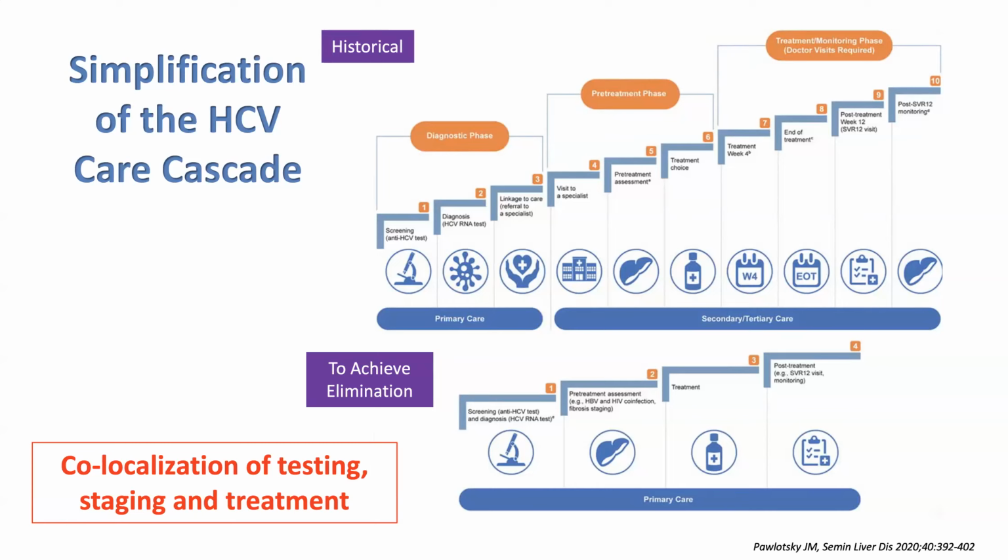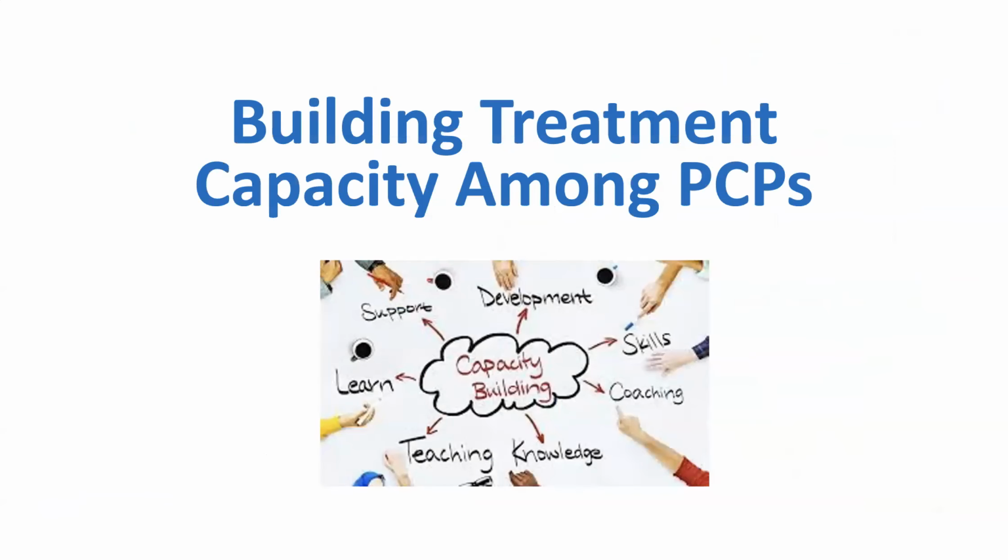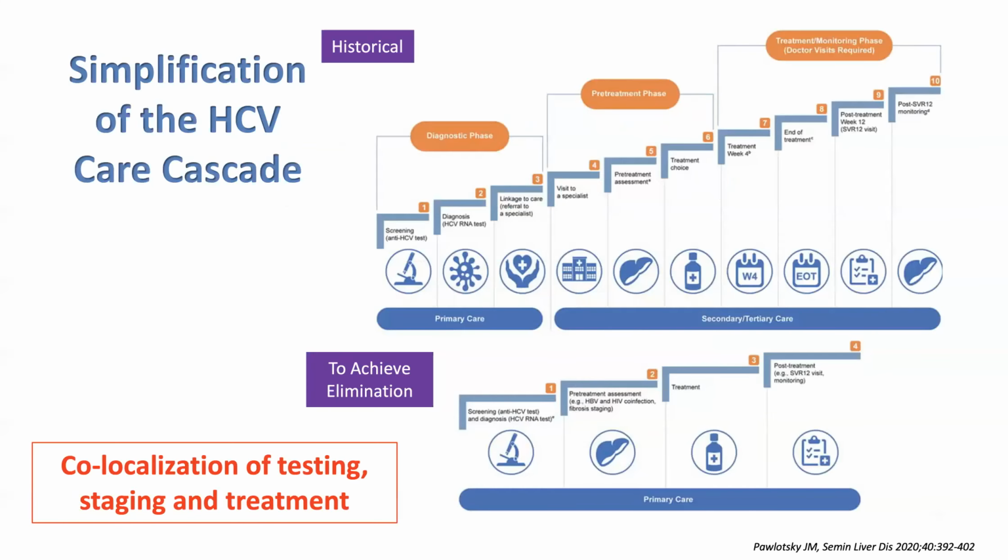A visit to confirm they were infected and to get additional testing done to determine stage. Then we had to get pharmacy approval. All of that led to many, many steps and patients getting lost along the way. If you go from the screening through to cure, it's like 10 steps, really.